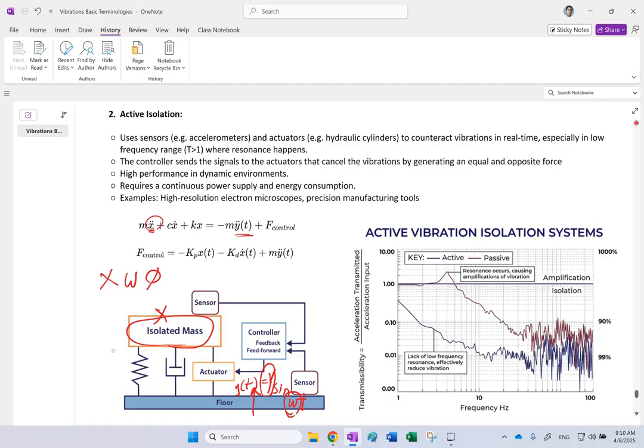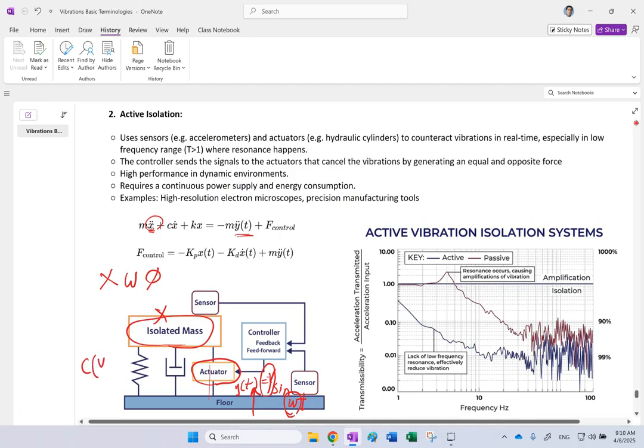Good. So now what? If I infer my input magnitude and frequency, then I can add actuators to the system that will cancel the force coming from the floor. Because remember, the force from the floor was C times (y dot minus x dot) plus K times (y minus x).